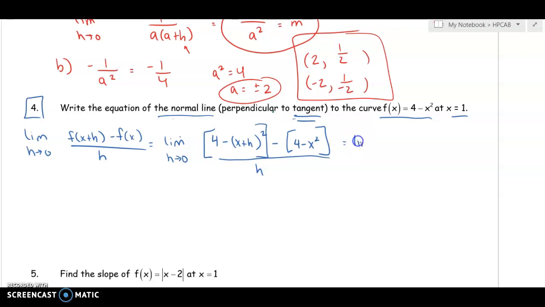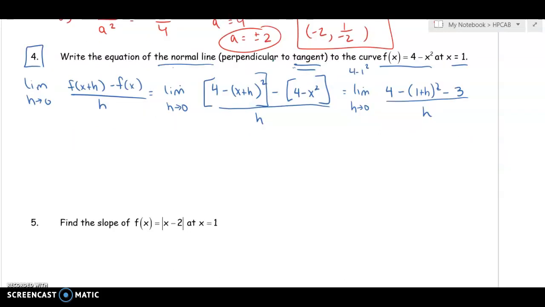So I'm really doing the limit as h approaches 0 of 4 minus 1 plus h quantity squared, minus 4 minus 1 squared. Well, 4 minus 1 squared is 3, so I've got minus 3 all over h.